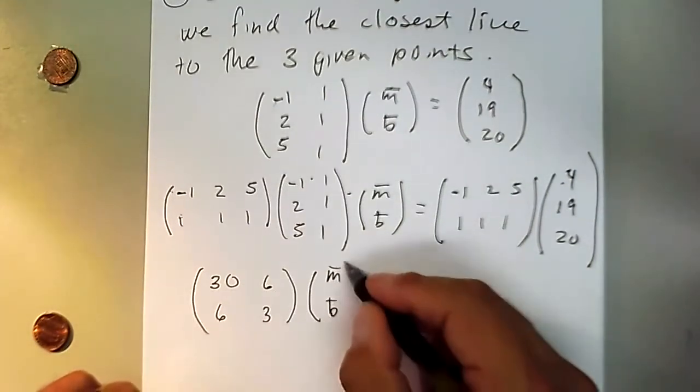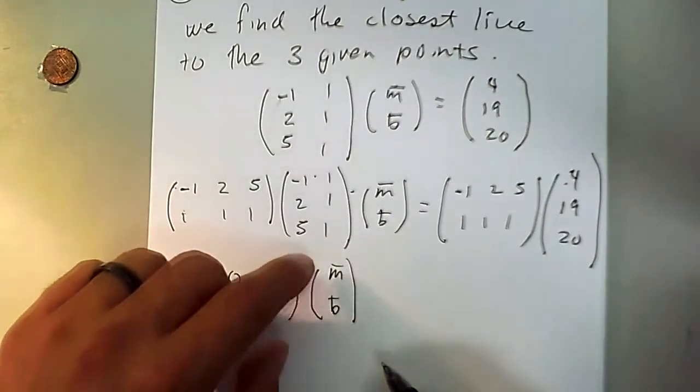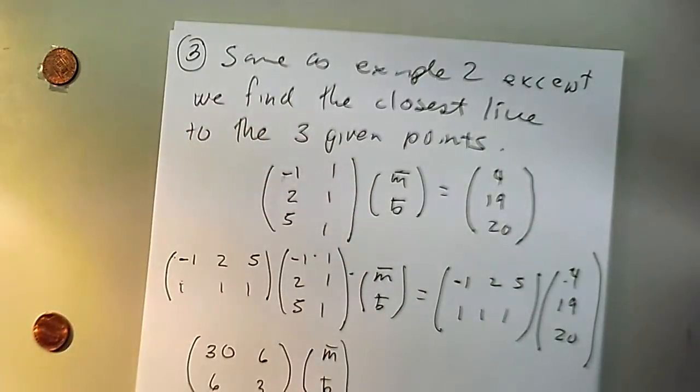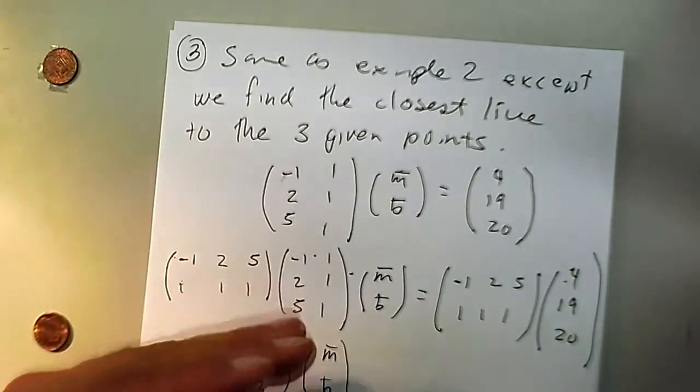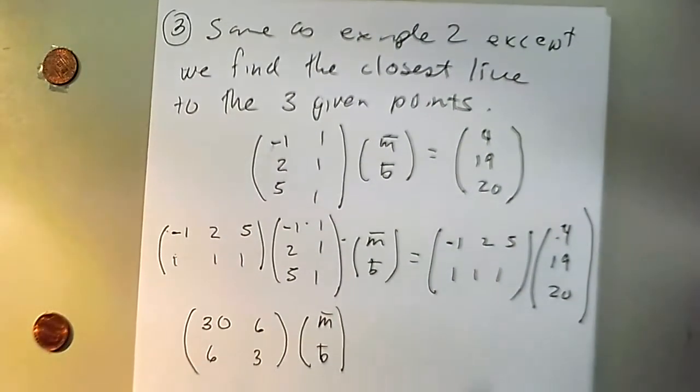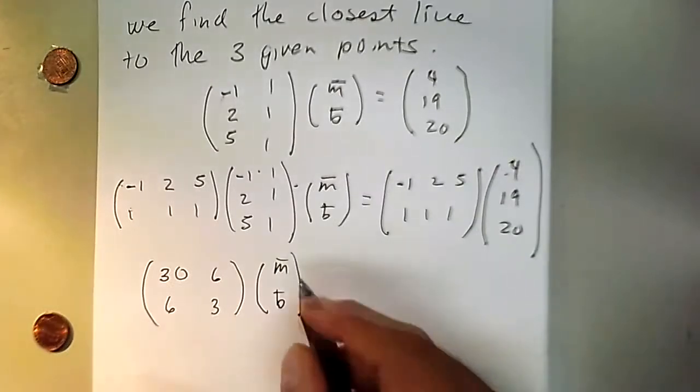Now, the reason why I'm putting a line across is because we're not really solving for M and B as we did earlier. We're going to settle for not the line through the points, but the line that is closest. So we're going to label it something else just to differentiate. Okay.